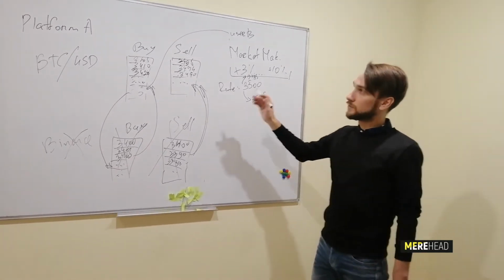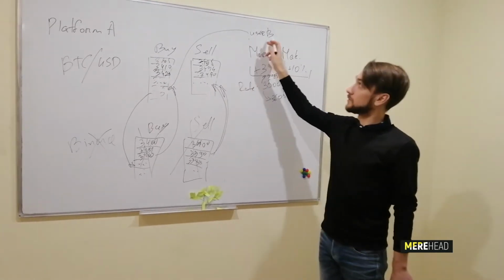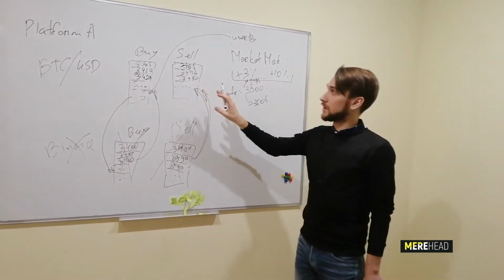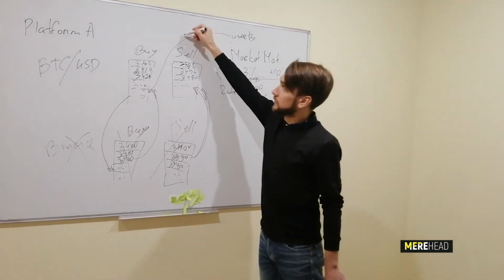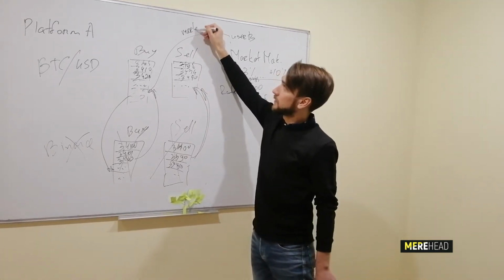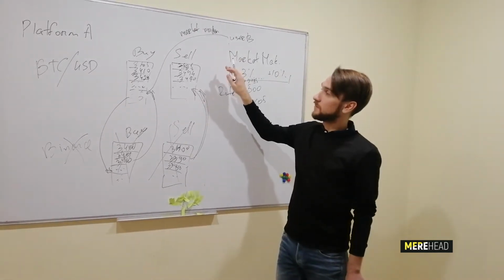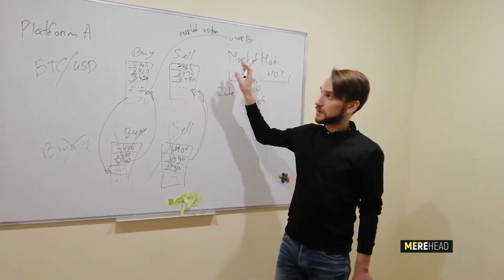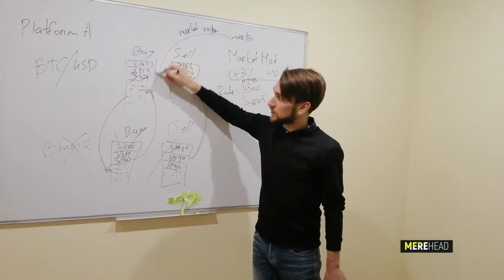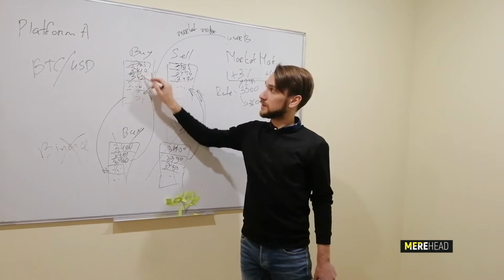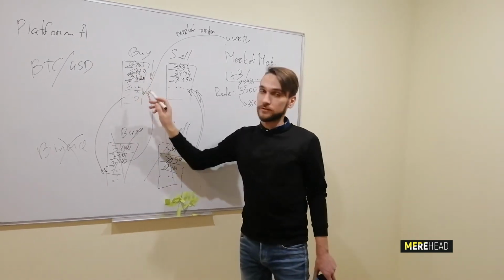And what are the benefits of using it? So if user A or user B interacts with your system when you only have market makers, by market order, this means the system will have to fill his order using the best ones. And he will close this, for example, this order.